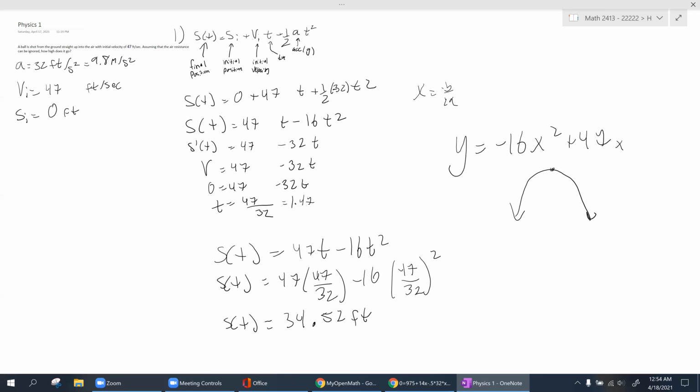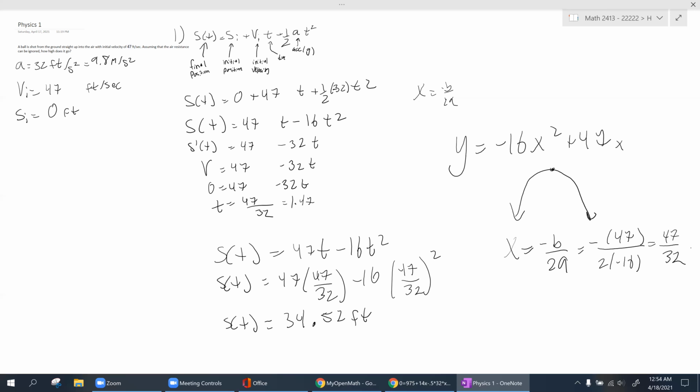If you want to find that max point, that is finding the vertex. How do you find the vertex of a function? If you need to find the x value, it is x equals negative b over 2a, where b is 47 over 2 times a, which is negative 16, which gives me 47 over 32.